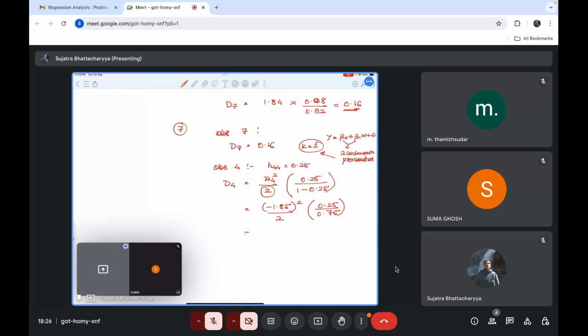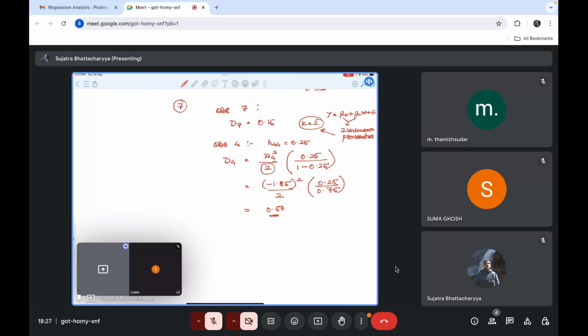How much will you get? Yes, I have calculated. This entire thing will come out to 0.57. It is a large value as compared to observation 7. So based on these two observations, you can clearly say that observation 4 has a much larger distance, and hence observation 4 is the leverage point as compared to these two.